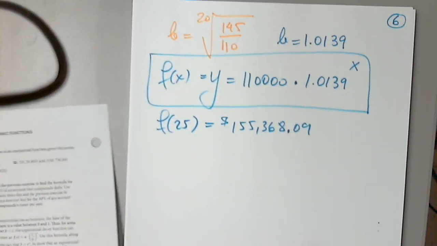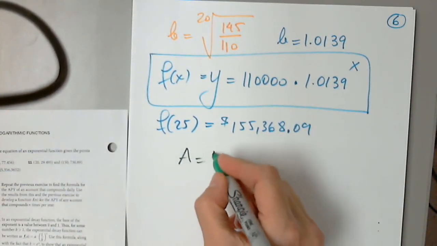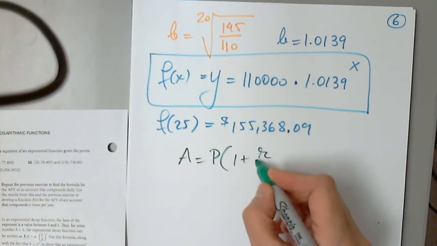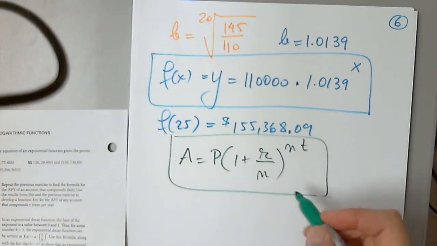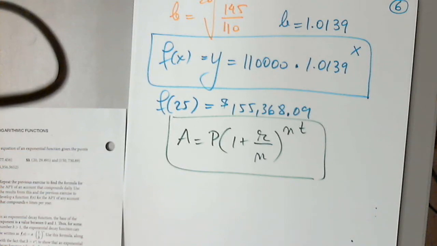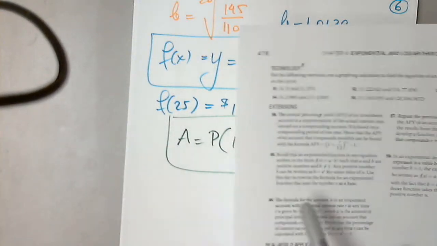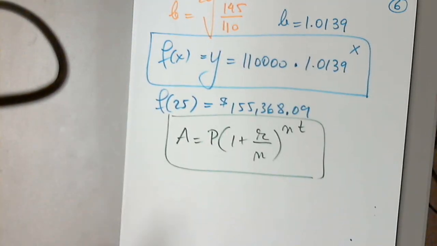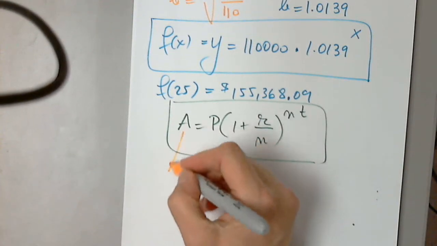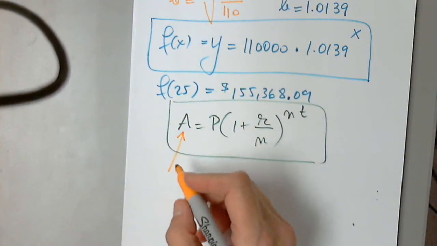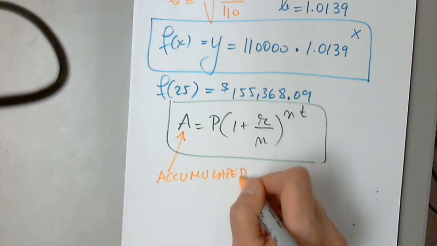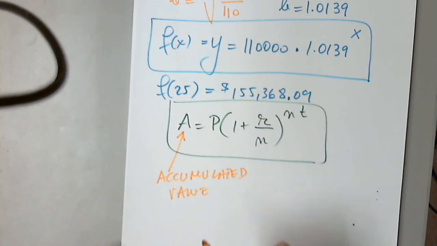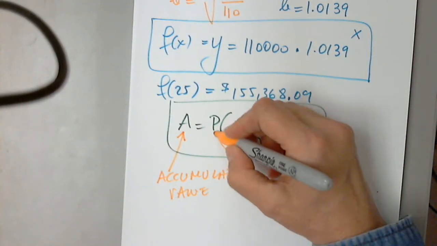So here it is. We discussed this formula, but you don't have to memorize it. So let me tell you again what each and every one of them represents, and then we'll identify what is given. So this is what we want, the accumulated value, or what we have to pay if we take a loan. This is the principal.